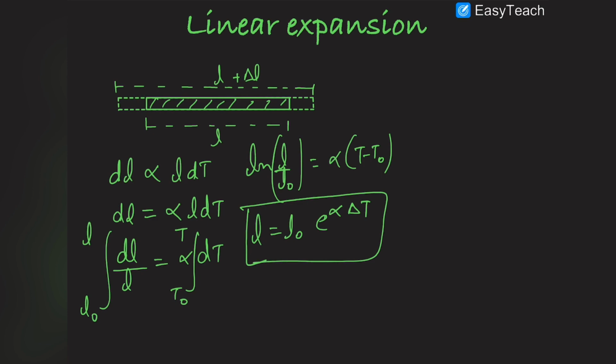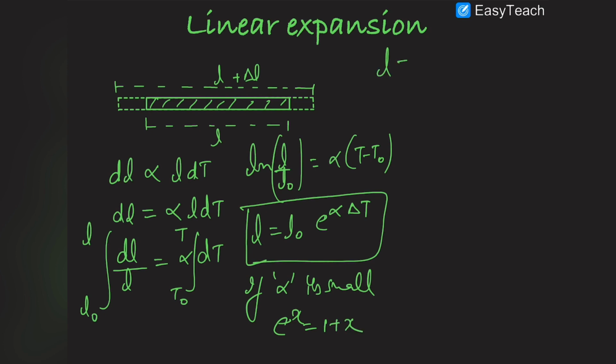But we know that if alpha is small, then this is a series expansion of the exponential in which we can neglect the higher terms. If we neglect the higher terms, e to the power x is equal to 1 plus x.